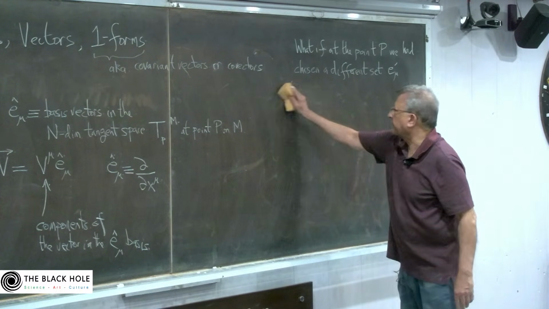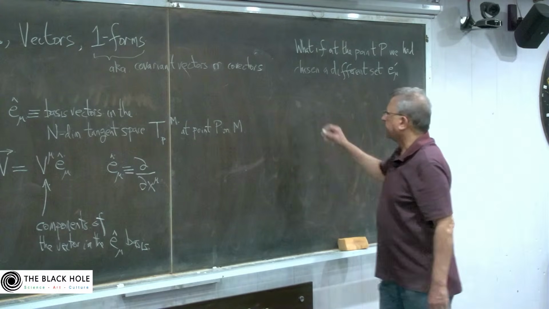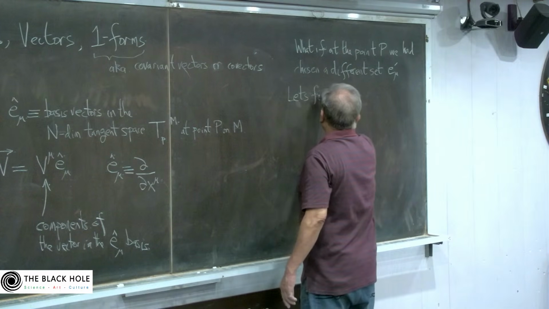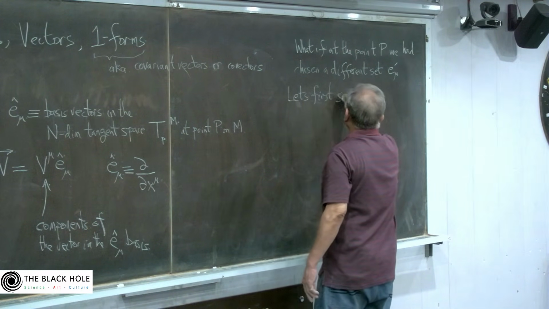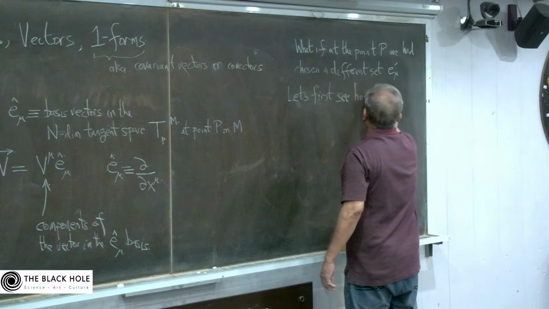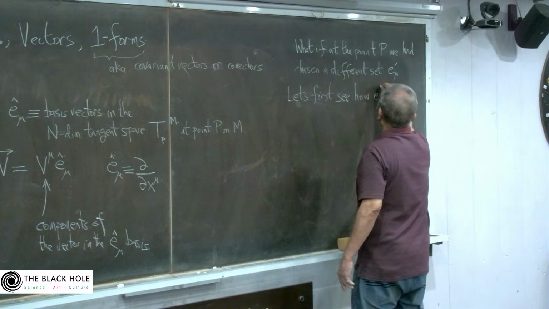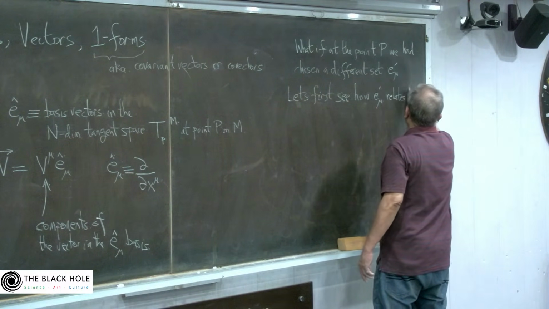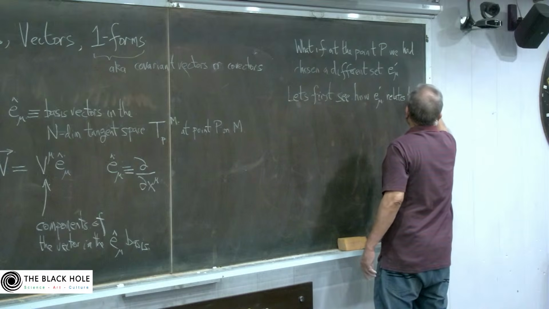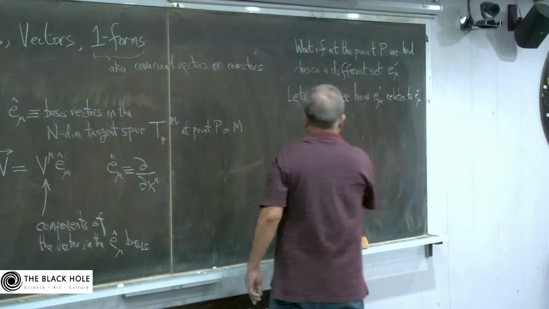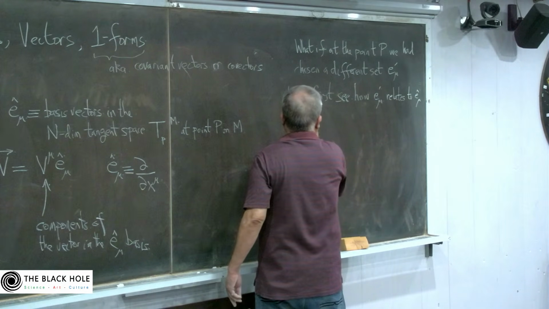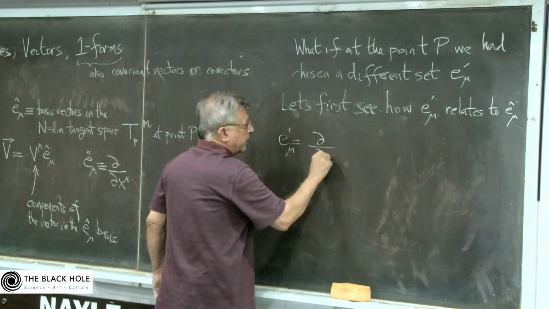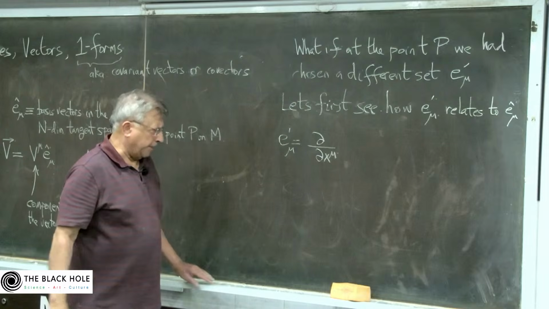But before this, let's first see how E mu prime relates to E mu. Okay, so E mu prime is d by dx mu.